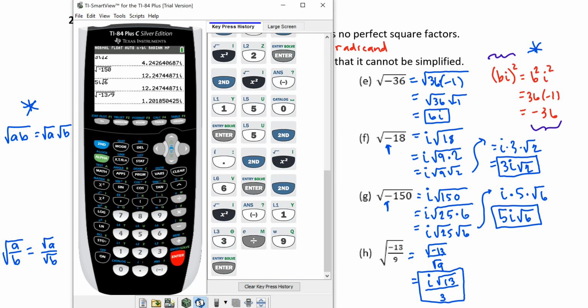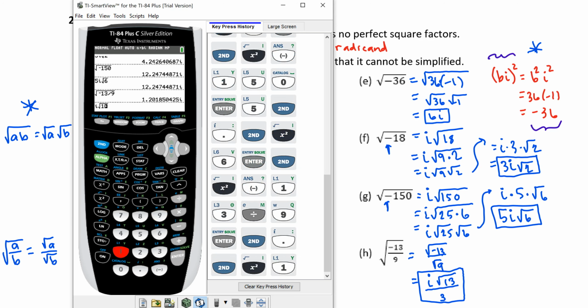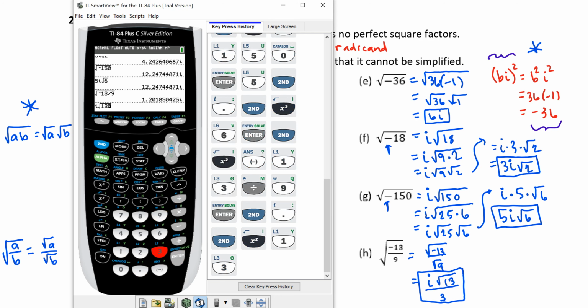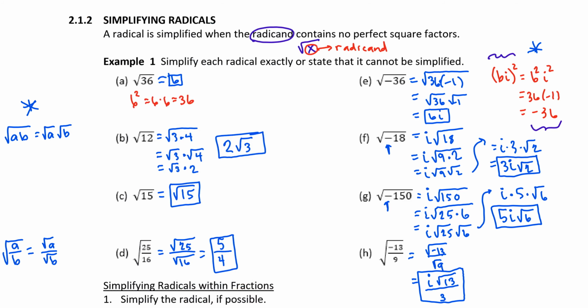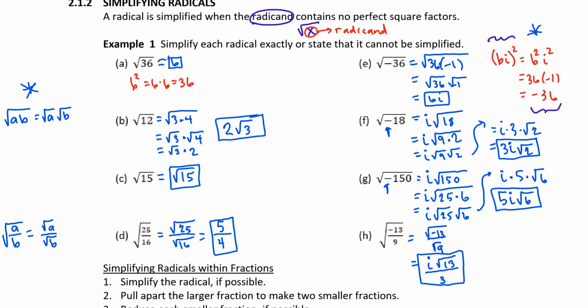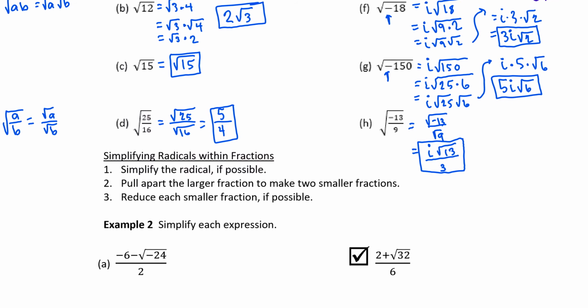We can enter our answer, i square root of 13. Now, at this point, after I enter the square root of 13, I'm going to use my right arrow key to get out of that radical before I divide by 3. And the decimals match, so we have done it correctly. I strongly recommend you practicing with your calculator so that you'll know how to appropriately type these in.